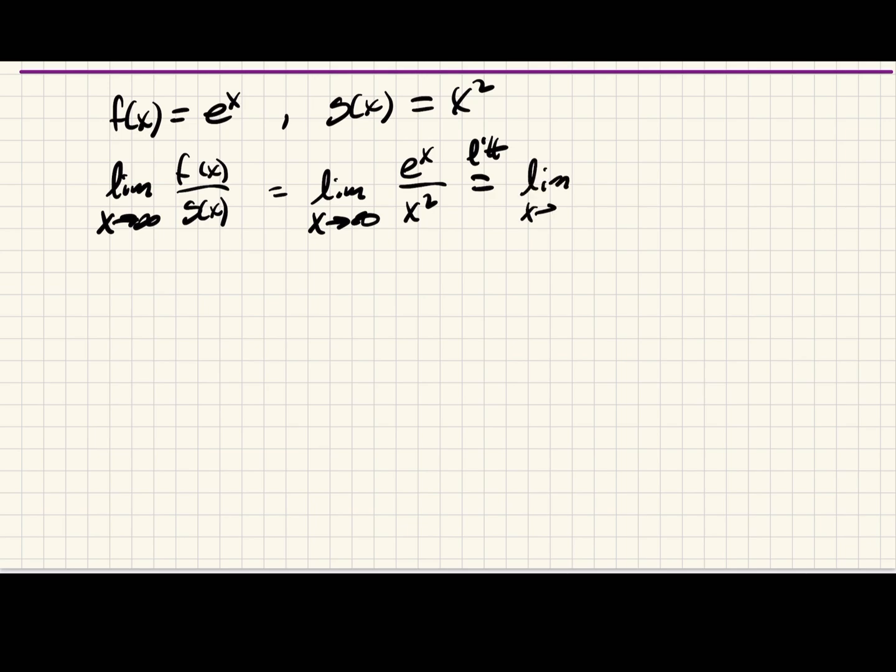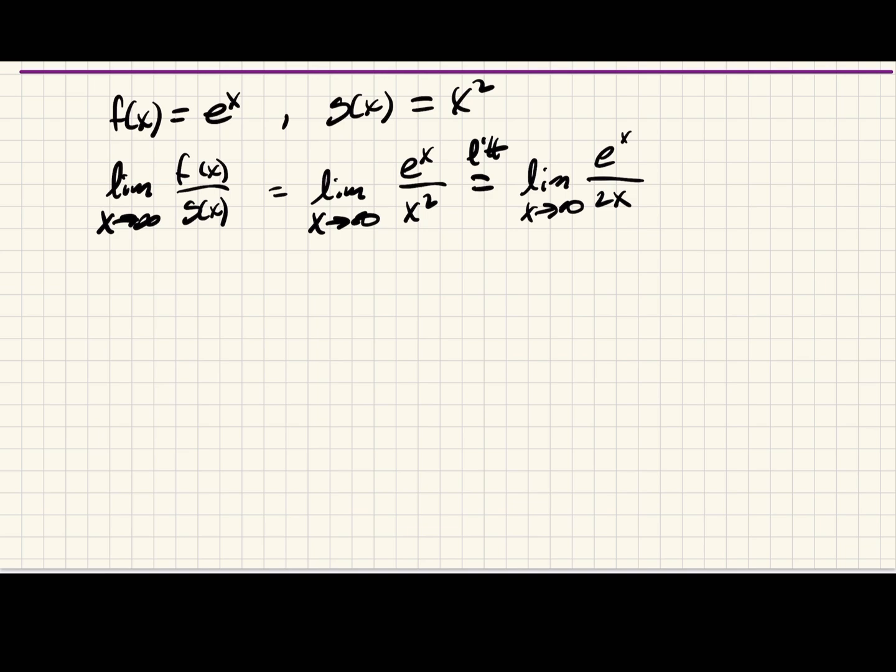So we have the limit as x goes to infinity. Okay, now remember that it's not the quotient rule, and that's a mistake that people often make. It's the derivative of the top and the derivative of the bottom individually. Okay, so the derivative of e to the x is just e to the x. Derivative of x squared is 2x.